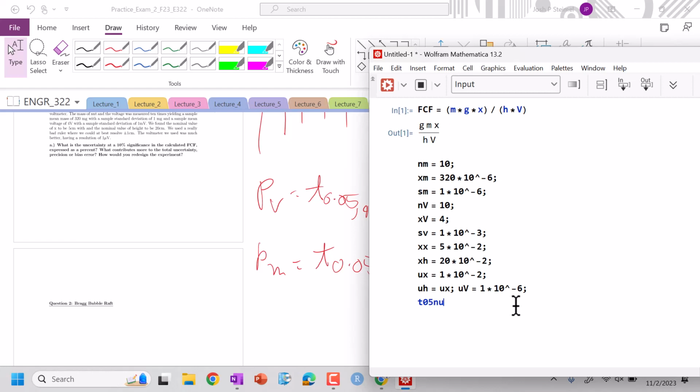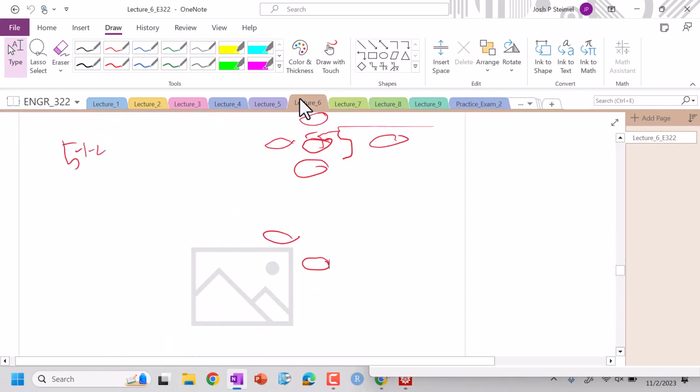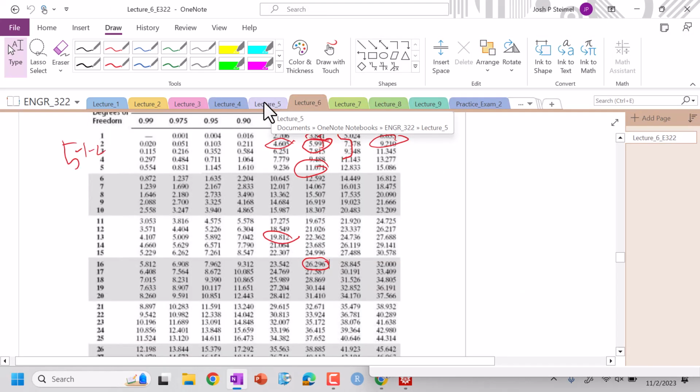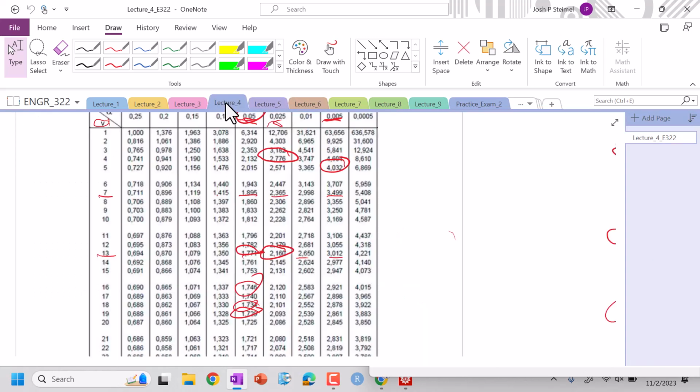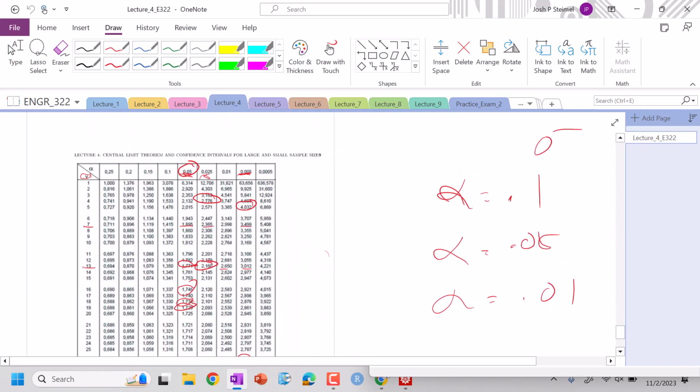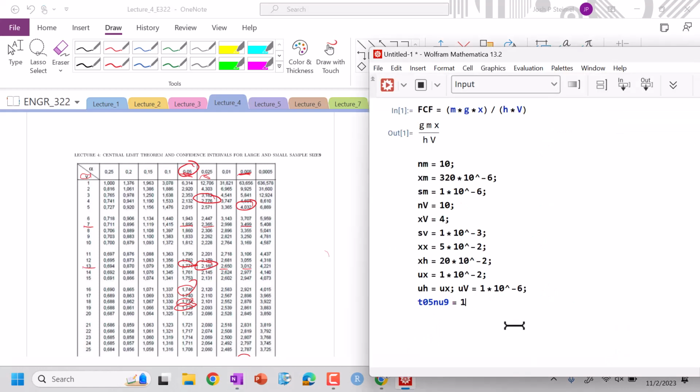Excellent. So let's find that T.05 with nu of 9 equals what? T of 0.05 with 9 degrees of freedom is 1.833.